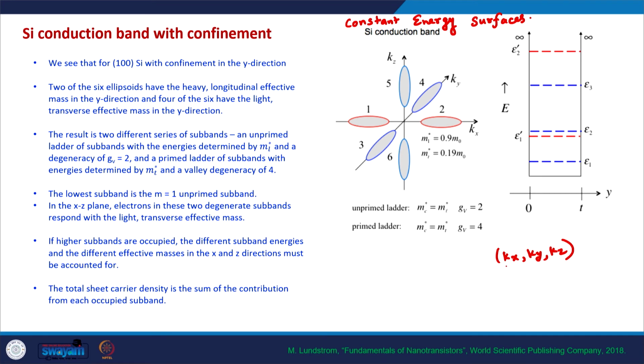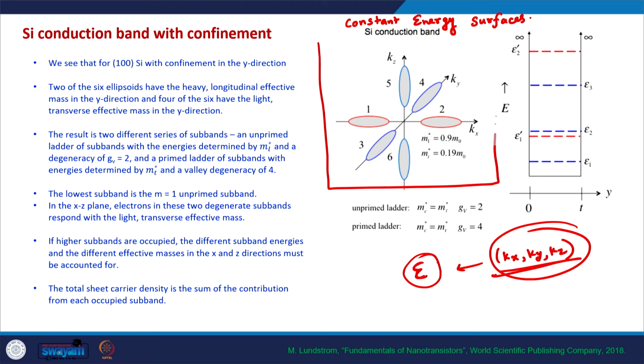If we plot all possible combinations of kx, ky, kz that give electronic energy equal to E, in the case of silicon that gives us these 6 ellipsoids, which is why they are known as iso energy surfaces or constant energy surfaces. For this particular case, the energy is close to the bottom of the conduction band.